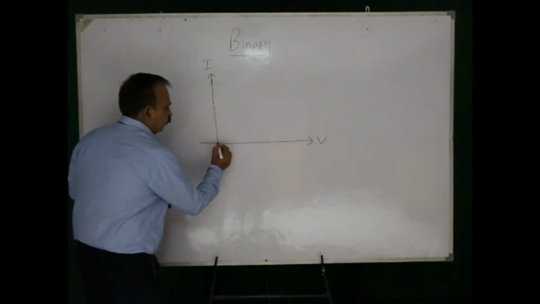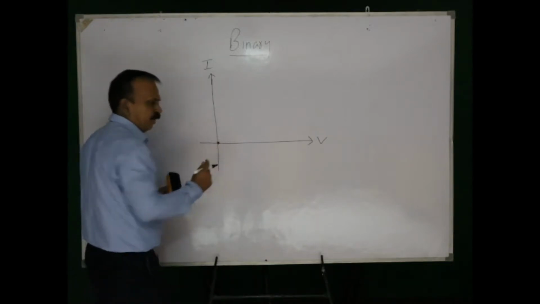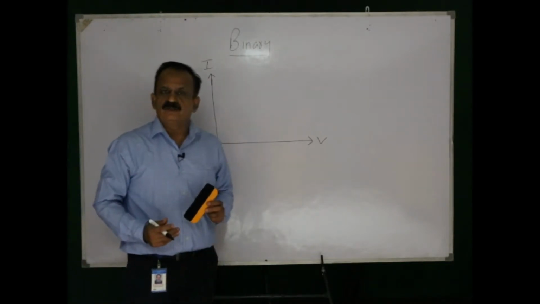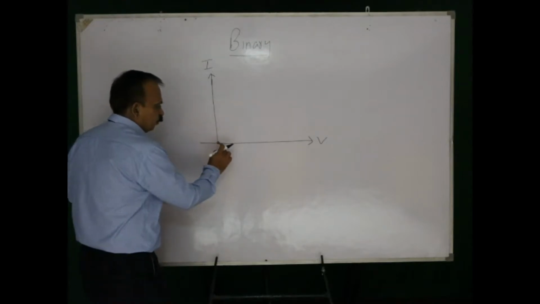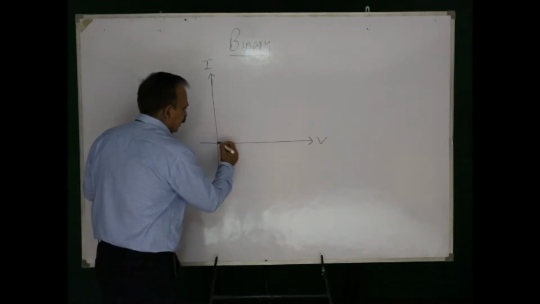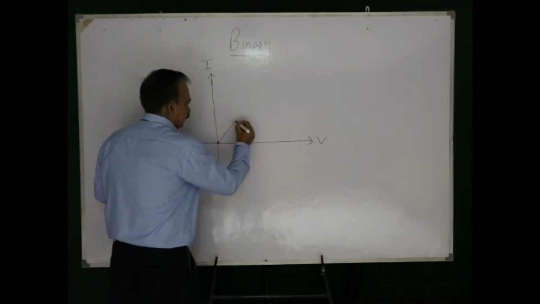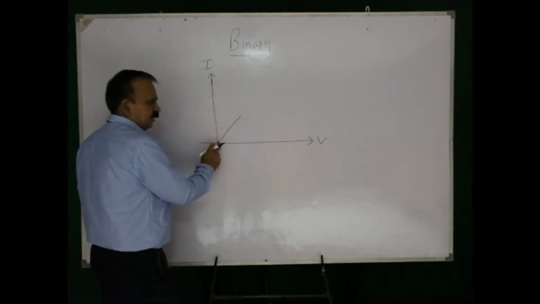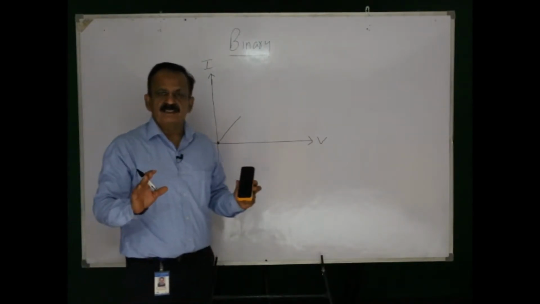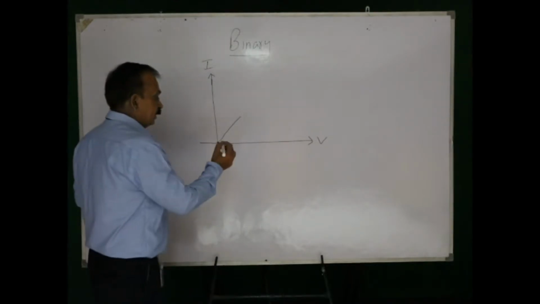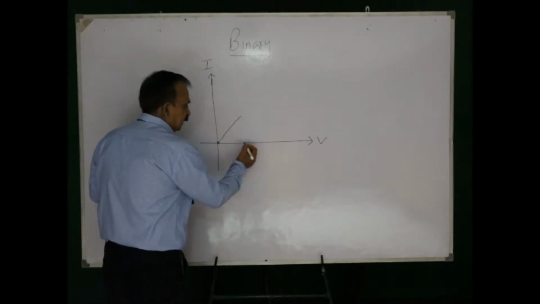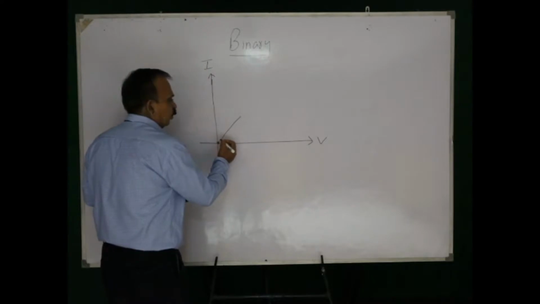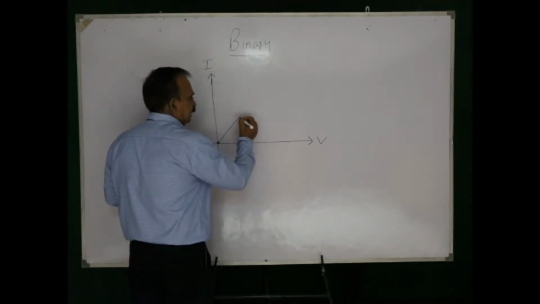Say if the voltage is 0, the current passed through the device is 0. As the voltage starts increasing, the current starts increasing. When the voltage is 0, no current will be passing through the device. When the voltage increases, the volume of current increases.